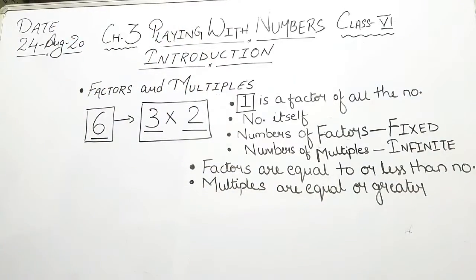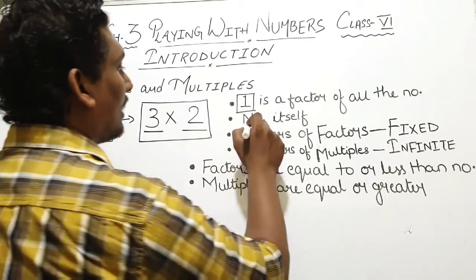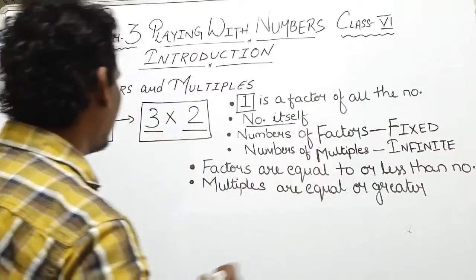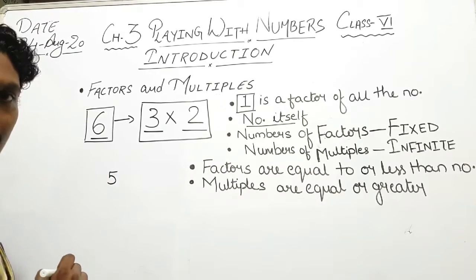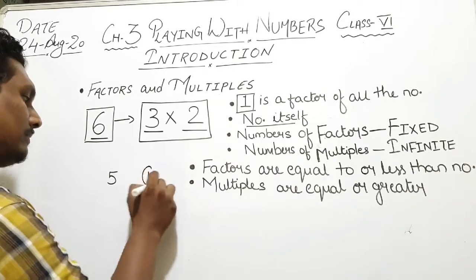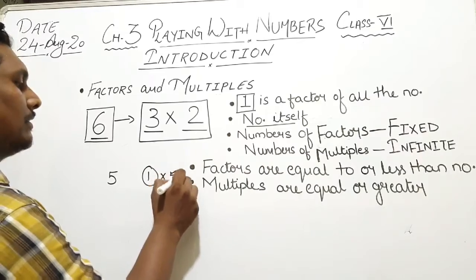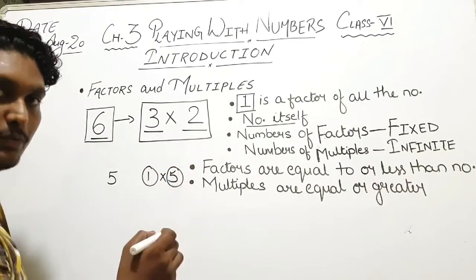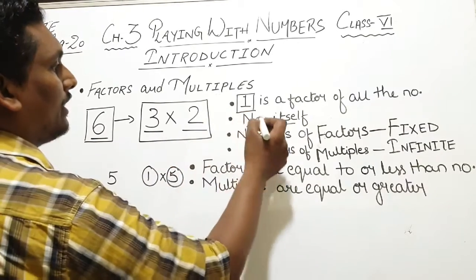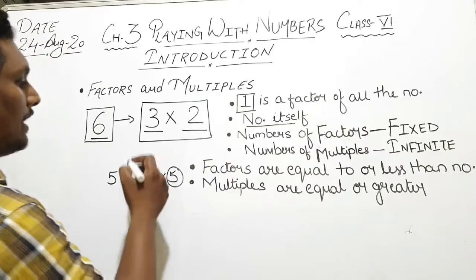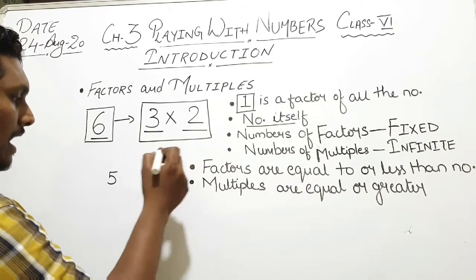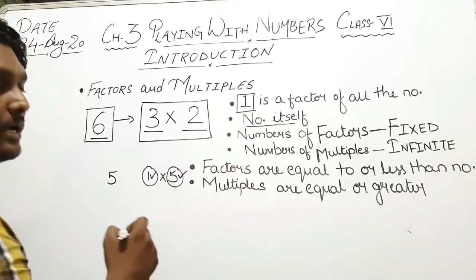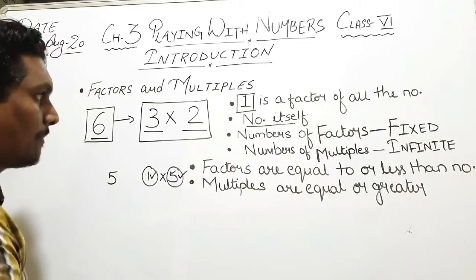The second point is that the number itself is also a factor. Suppose 5 comes in the table of 1 and 5. So 1 and the number itself are factors, right?